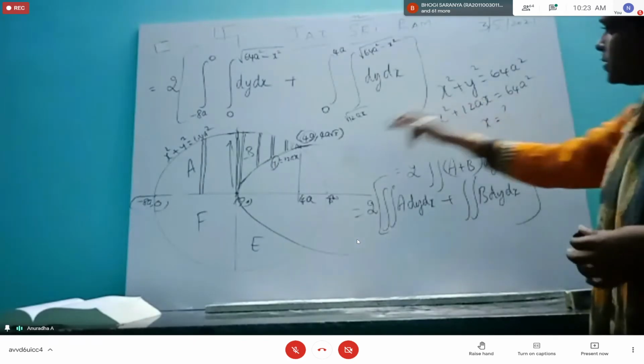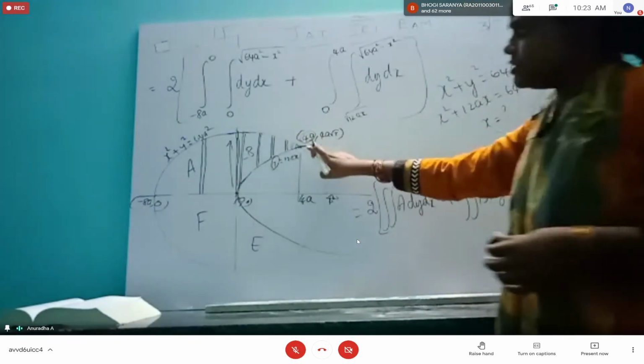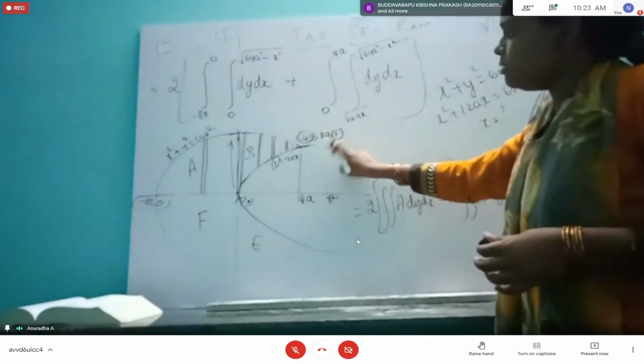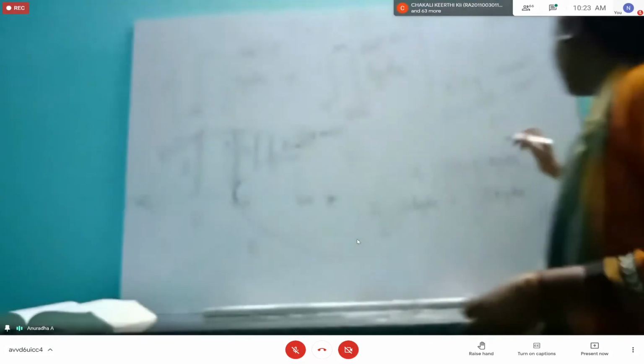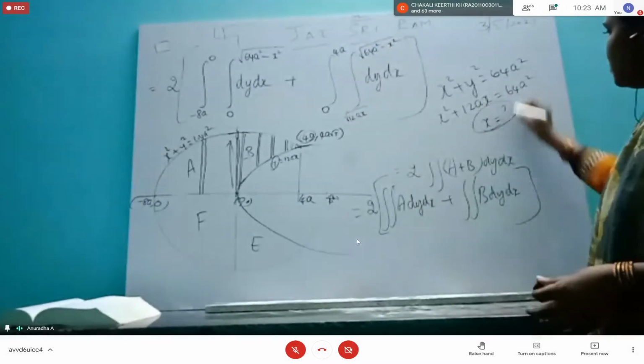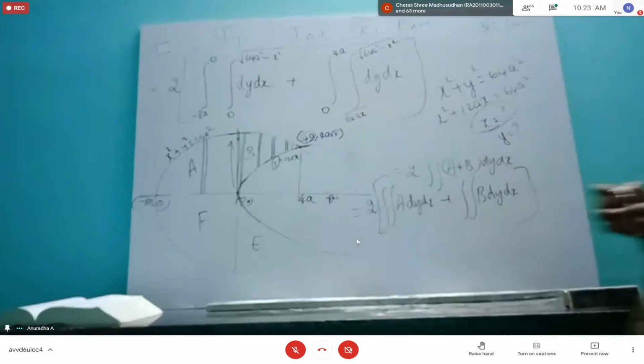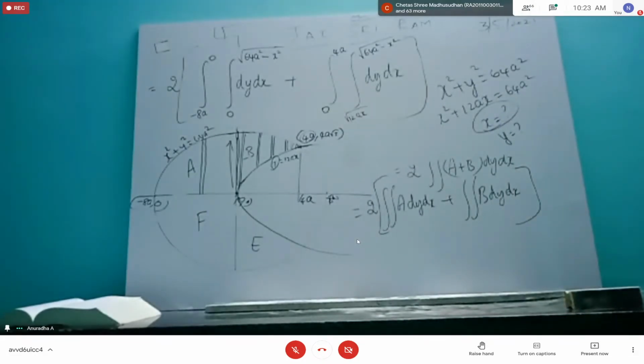Then substitute this in any of these two equations, either here or there, no problem. After finding this value from here, find what is y value. Those two will be 4a and 4a root 3. That is the way to find the common intersection point. Substitute one equation in the other.